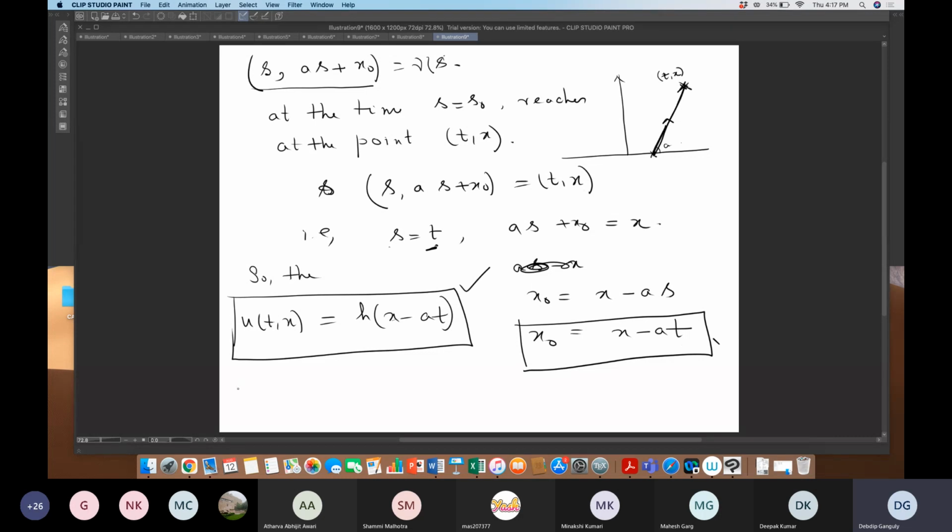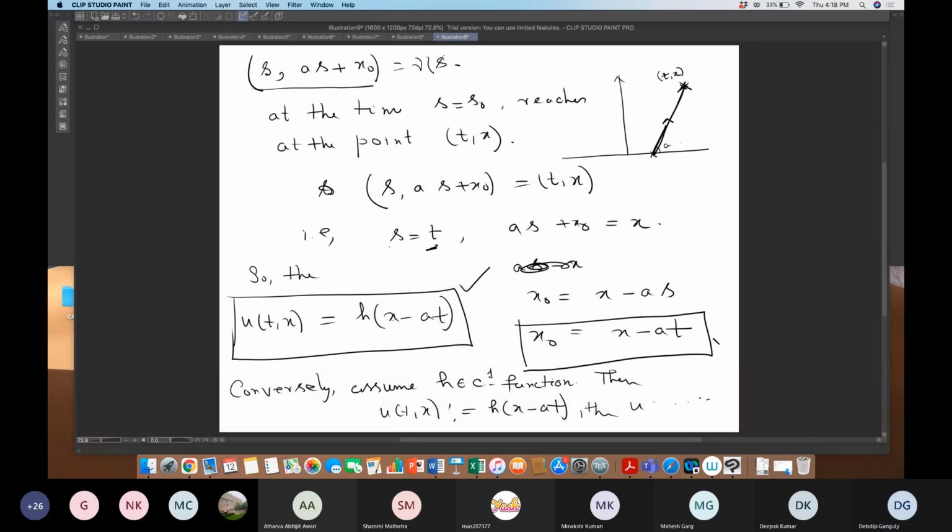Clear? Now conversely, assume h is a C1 function. Then u of (x, t) is defined as h of x minus a t. If u is a solution, u will look like h of x minus a t. Now you have to show the converse part also. If you define a function u of (x, t) as h of x minus a t, then it will satisfy our PDE. Yes or no?